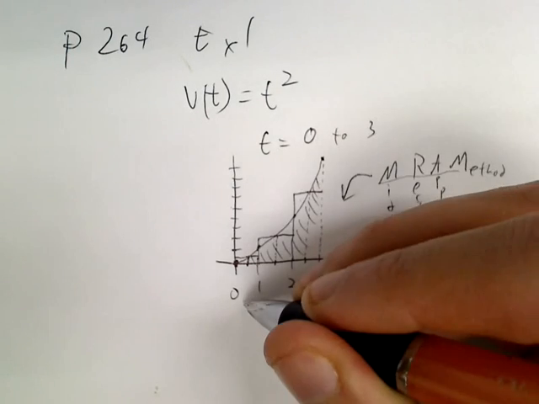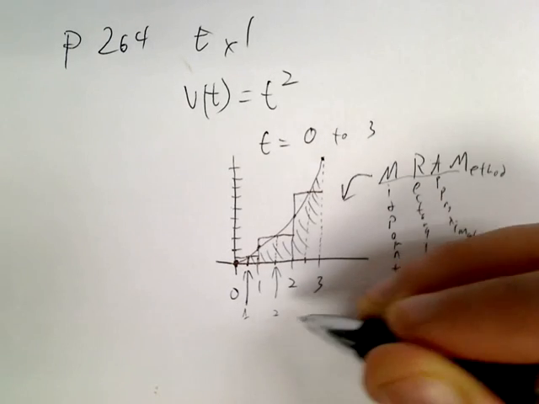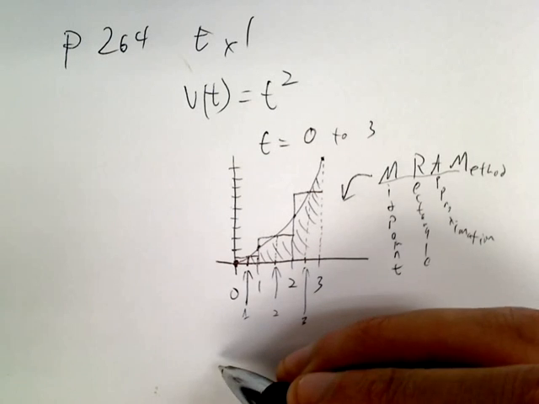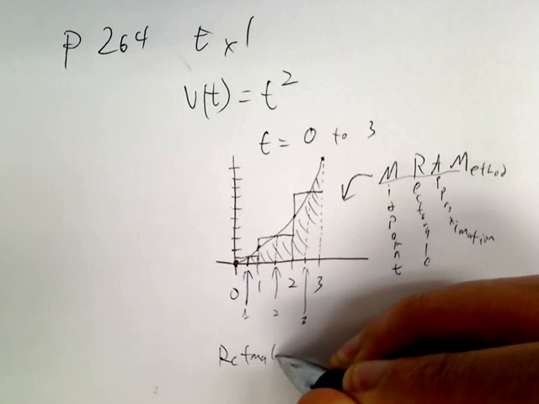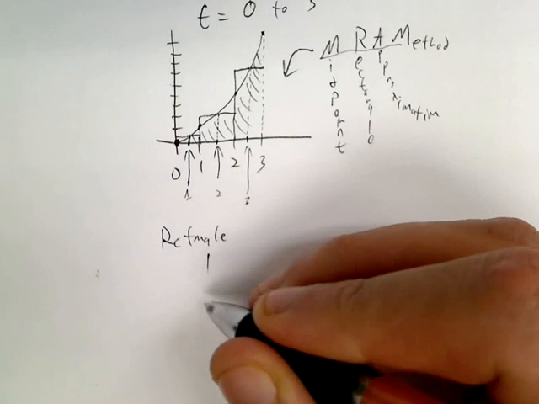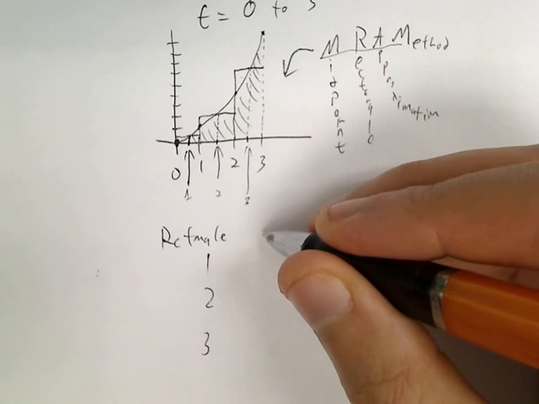So let's go ahead and try to find the area of these 3 rectangles. Let's call these rectangles 1, that's rectangle 2, and that's rectangle 3. For rectangles 1, 2, and 3, the area of the rectangle is length times width.